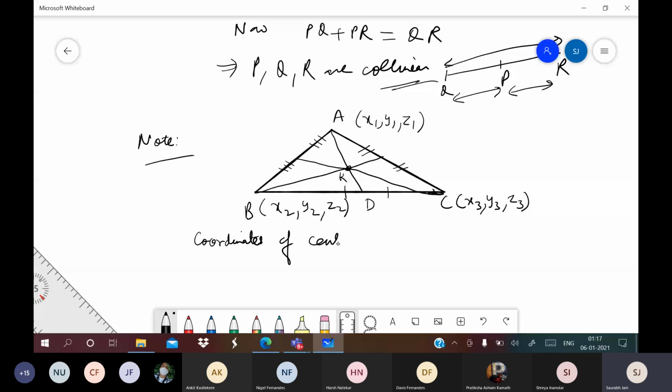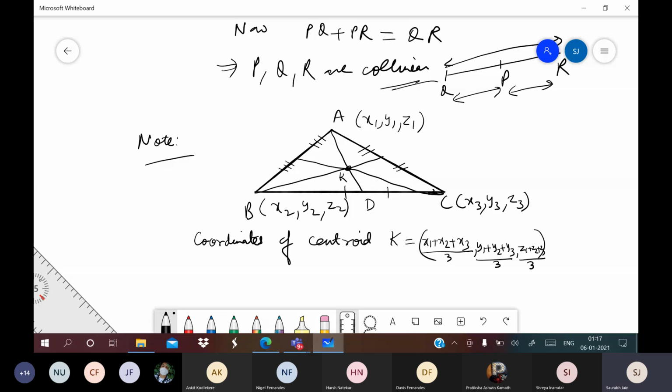Anyone remembers the formula? Coordinates of centroid. x1 plus x2 plus x3 by 3, comma y1... yeah, that's correct. Just add z also. So 3 coordinates will be there, right? This is x coordinate, this is your y coordinate, and this is your z coordinate: z1 plus z2 plus z3 upon 3.